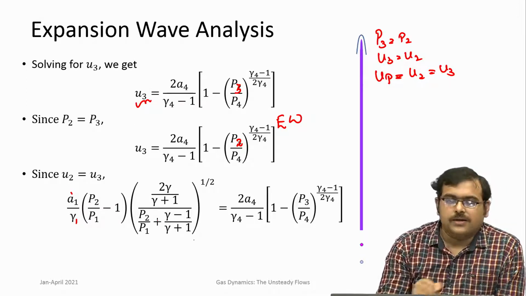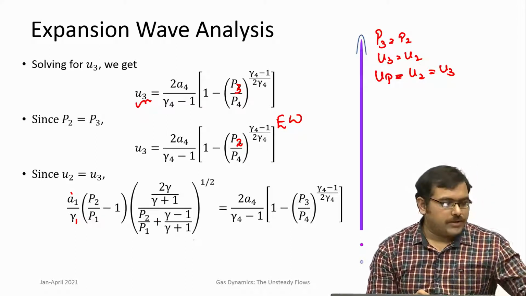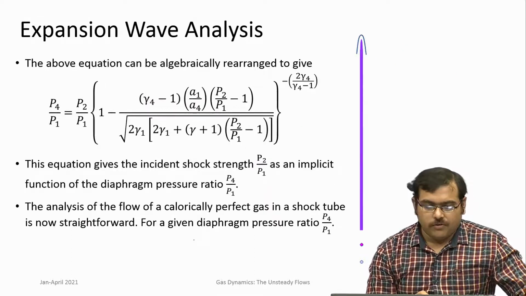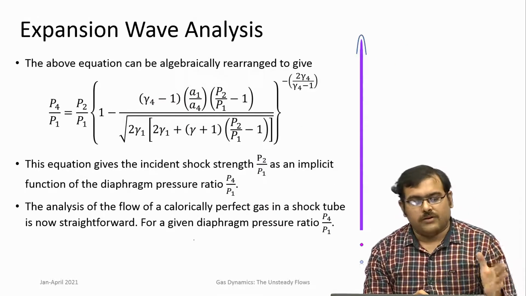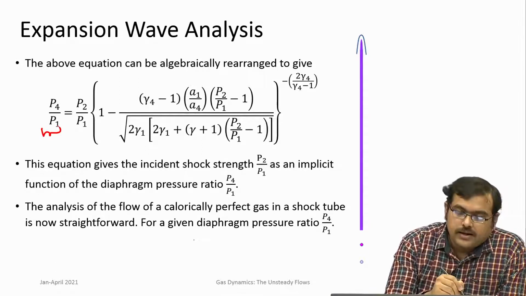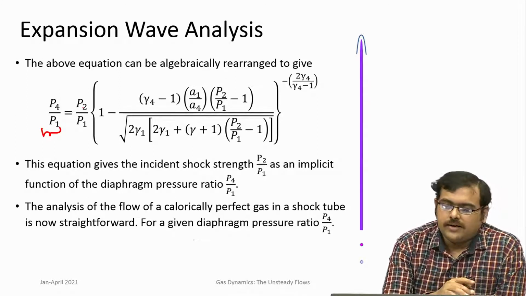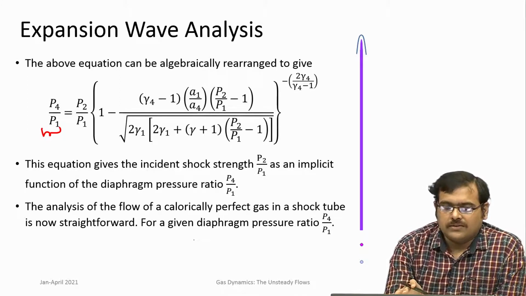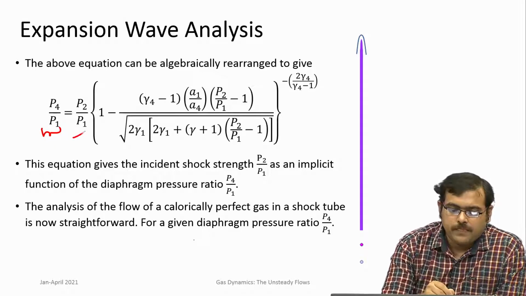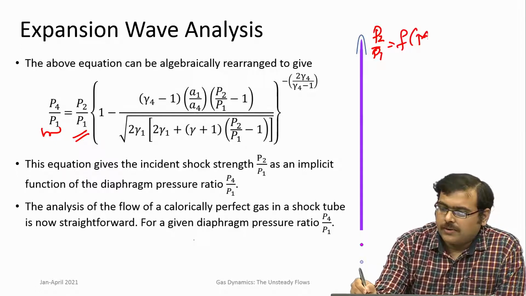This has to be algebraically rearranged so that you can write P4 by P1 on the left hand side. This can be done, and the right hand side is all functions of P2 by P1, which is the strength of shock. So P2 by P1 is a function of shock Mach number and gamma only.